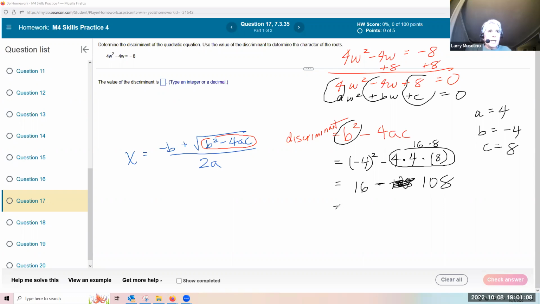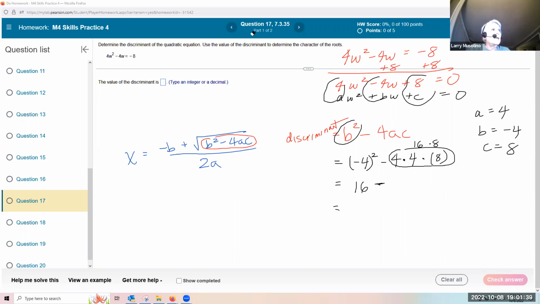Well, this works out to be a negative number, right? This is going to be negative 96. All right, so that's the value of the discriminant. Let me go ahead and type that in, because there's going to be a part B to this question. Let me go back for a second. I think I did my multiplication wrong here. 16 times 8 is 128.